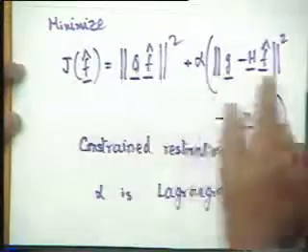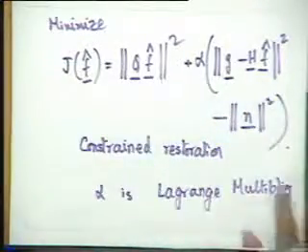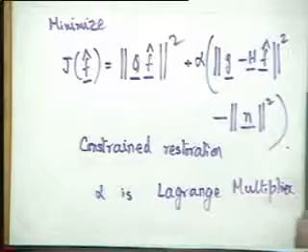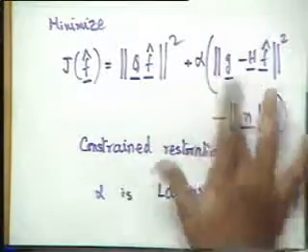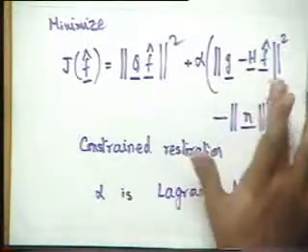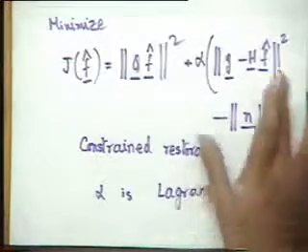Now, one thing which should be told is that in the last class we had this kind of objective function, where we had said that for the constrained restoration problem, we have to minimize this expression. J(f) being the objective function, ||Qf||² plus alpha into ||g − Hf||² − ||n||², basically.